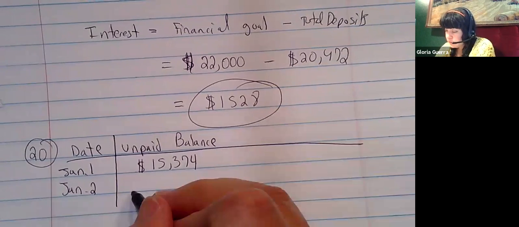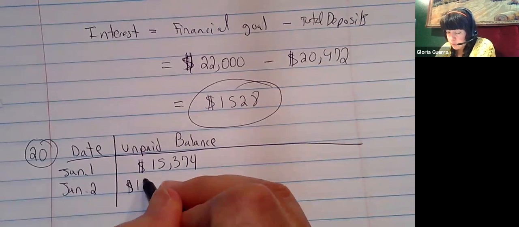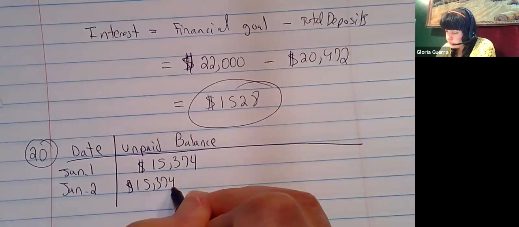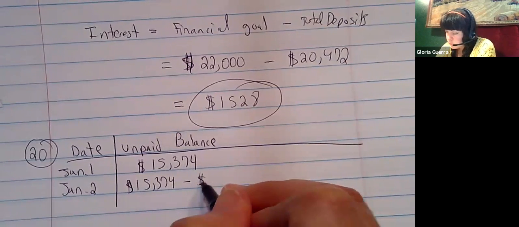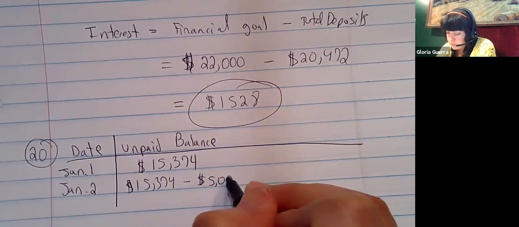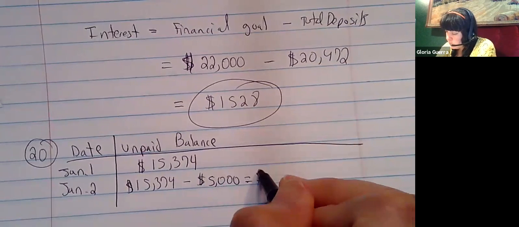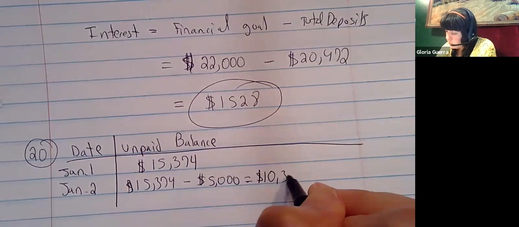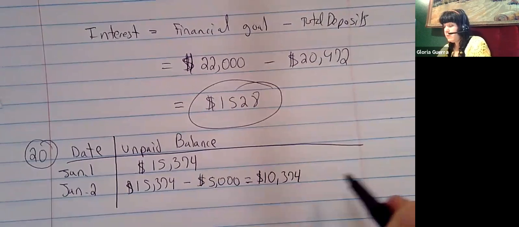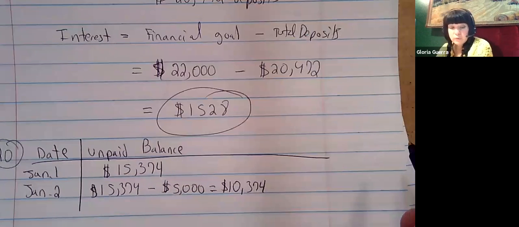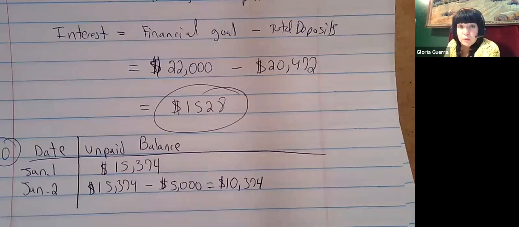And on January the 2nd, you made a payment of $5,000. And now you have this balance of $10,374.